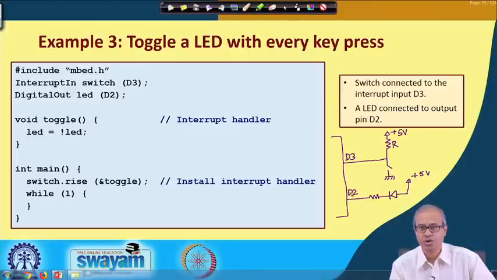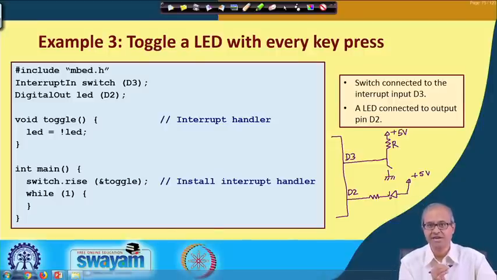If D2 is 1, there will be no current flowing, because both sides will be at the same voltage, and the LED will not glow. This is how I have made the connections, and what I want is that every time the switch is pressed, the glowing status of the LED should change. That means on, off, like that. With every press of the switch, the status of the LED should change.